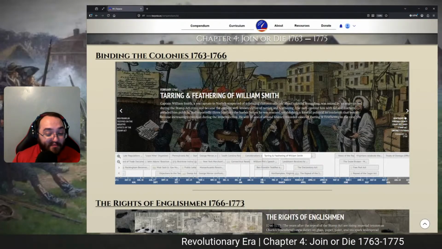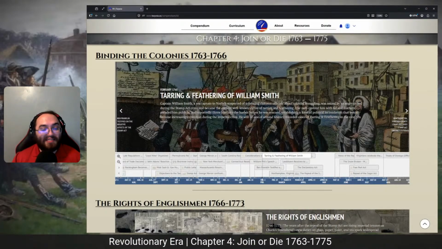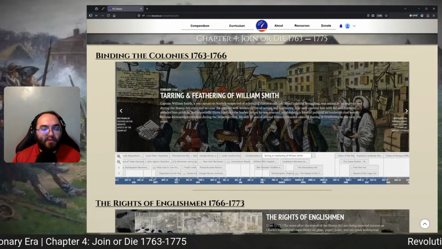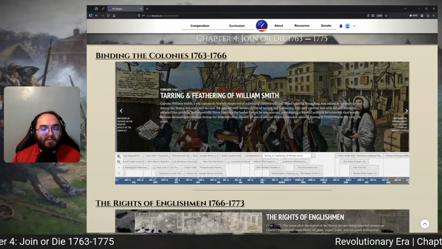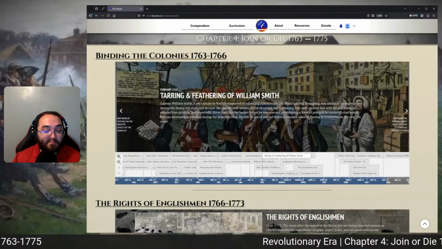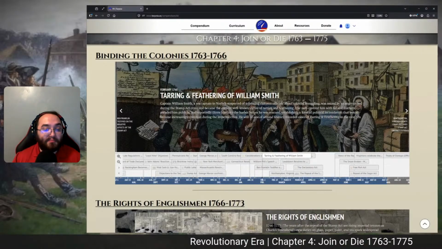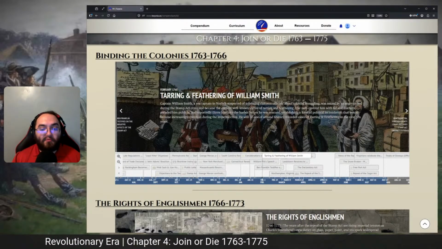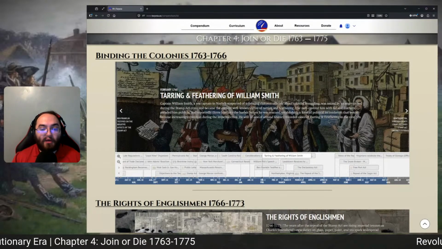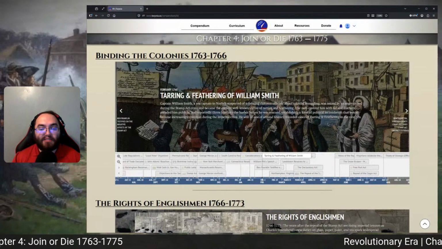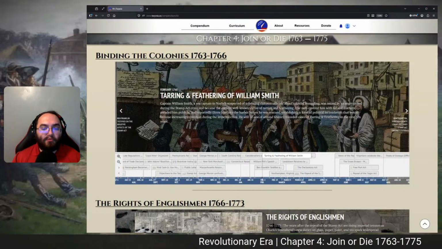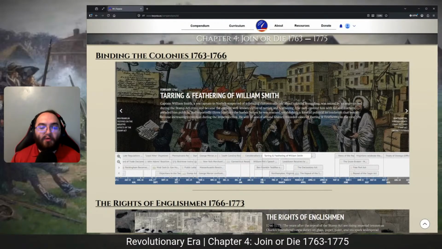Here's an infamous event. This is one of the first instances of tarring and feathering of a tax collector. There's actually a Captain William Smith, a sea captain in Norfolk, suspected of informing customs officials about colonial smuggling. He was seized by an angry crowd during the Stamp Act crisis and became the earliest well-known victim of tarring and feathering.